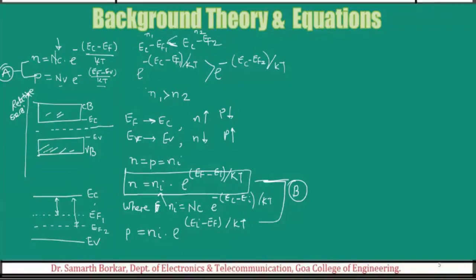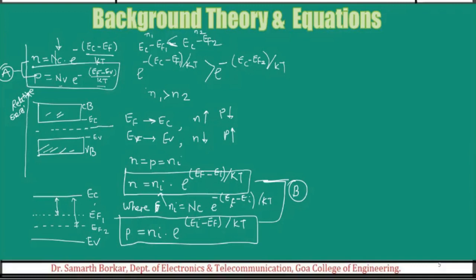Now look at the expression here. We need to know EC minus EF, and Ei minus EF. Okay, let me put boxes around the important ones.